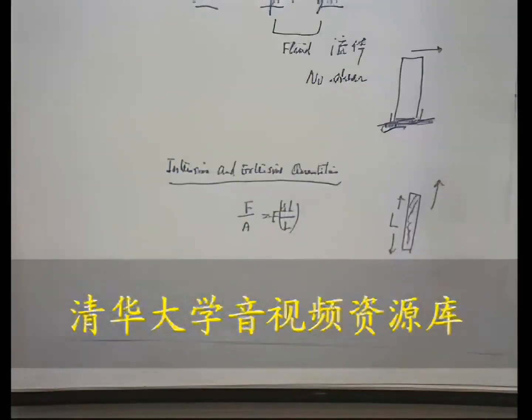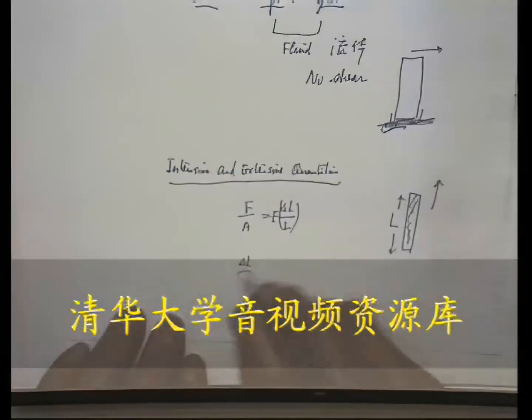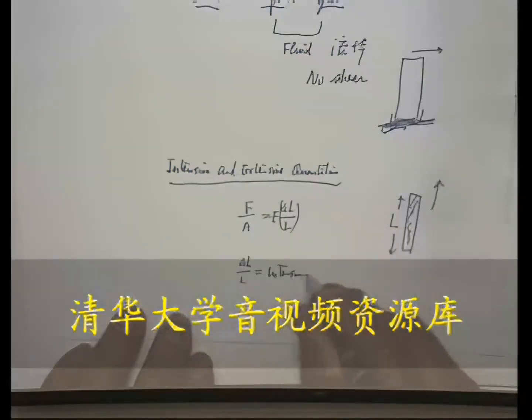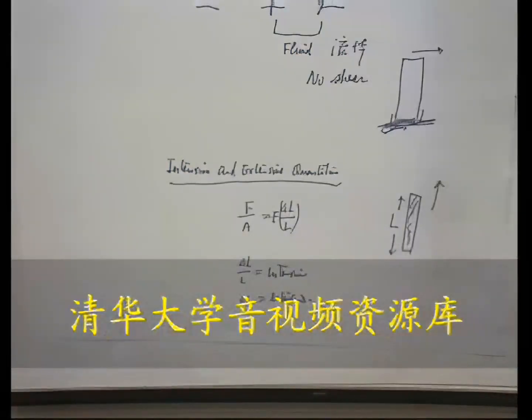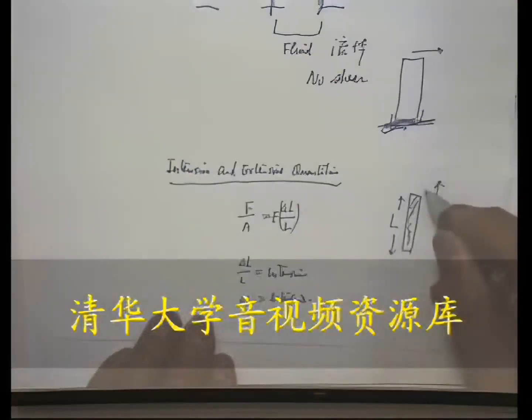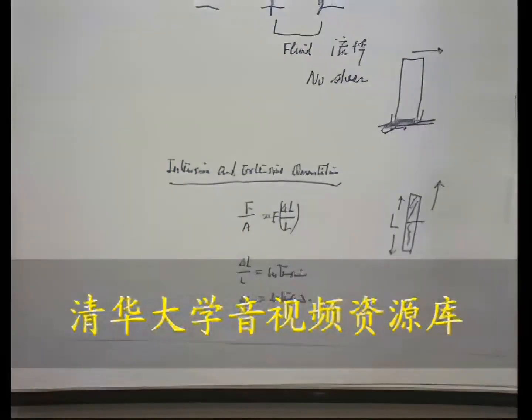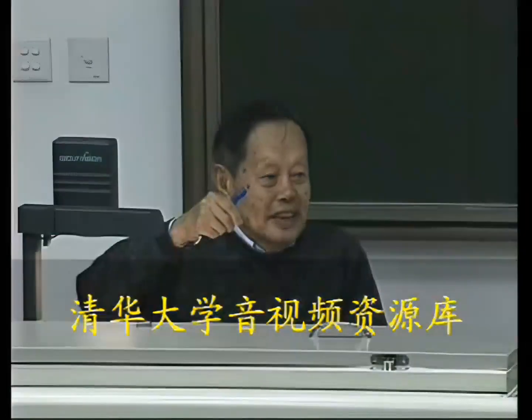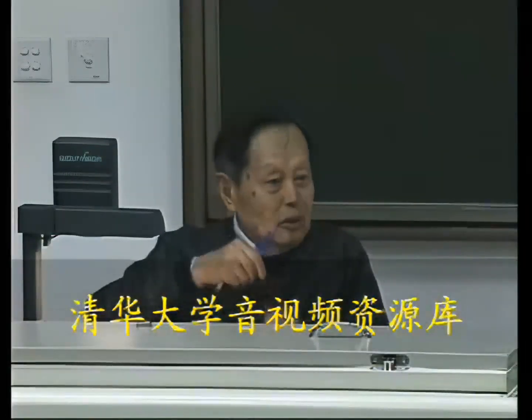Answer. 这个 quantity delta L over L 是一个 intensive quantity，而 delta L 是 extensive。什么叫做 intensive？什么叫 extensive 呢？先讲 intensive。如果你把这个拉长了，我现在 consider 它的一半，那么那一半的那个地方的 delta L is 1/2 of delta L, and the length is also 1/2.